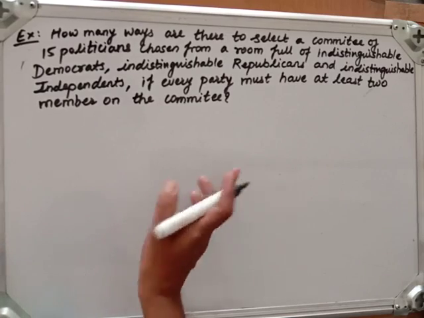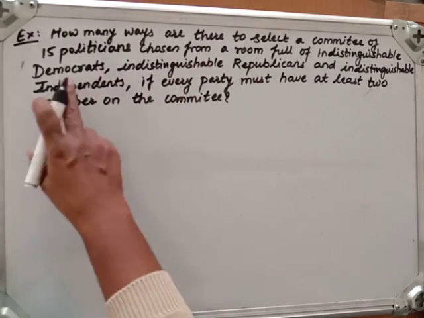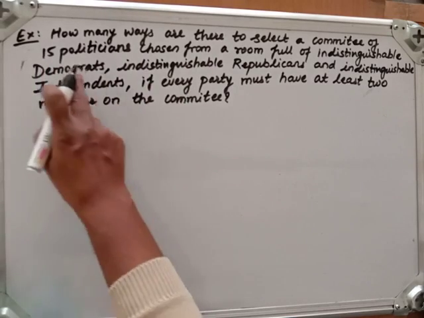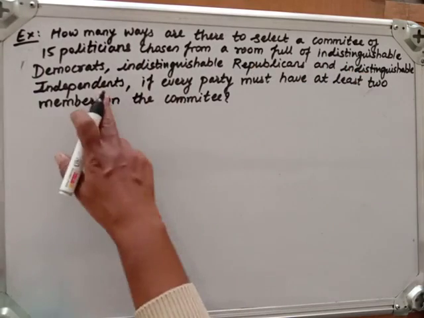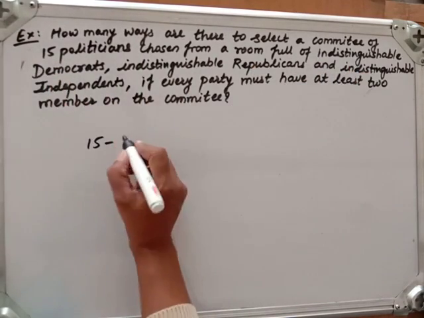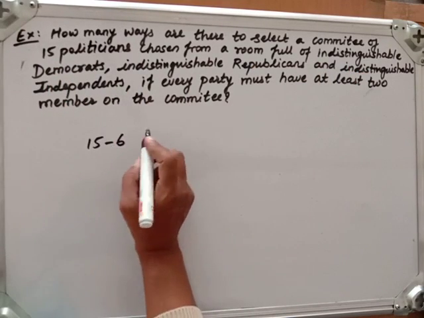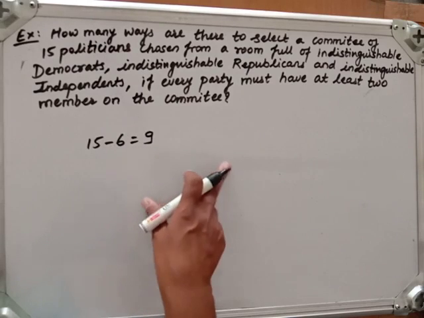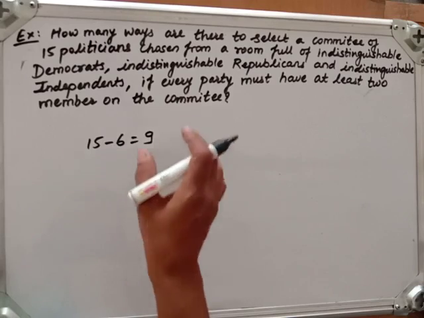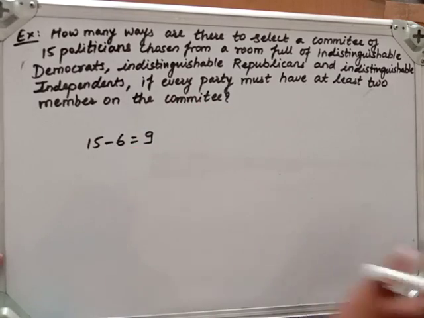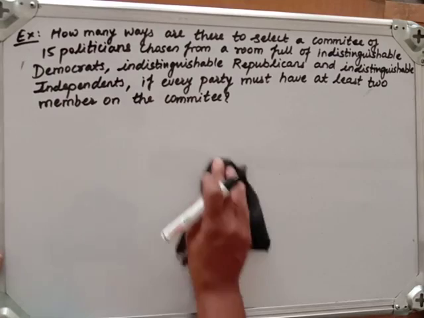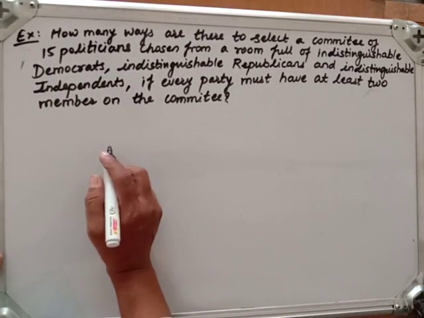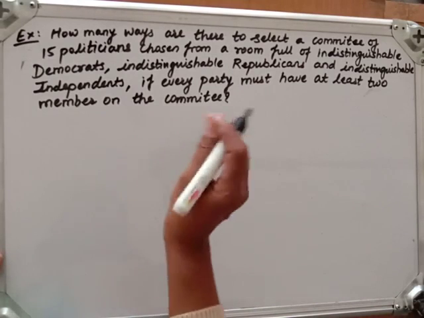There are 3 different parties, so from 15 we should subtract 6 people. So 9 politicians from 3 different types of parties we have to choose later on.